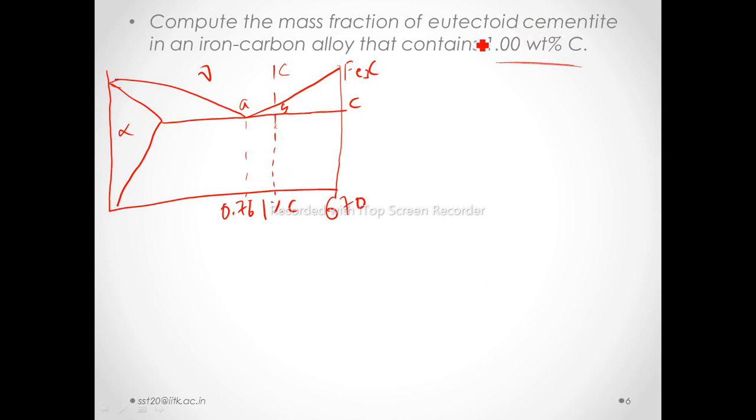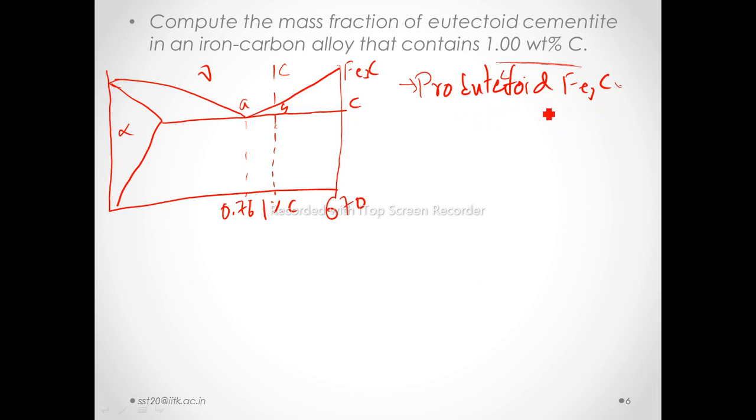So proeutectoid cementite will exist at this carbon composition. We need to find the weight fraction of this proeutectoid cementite first of all, and additionally we can also calculate the weight fraction of the pearlite that is formed.